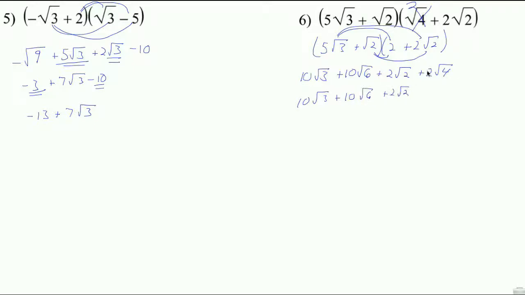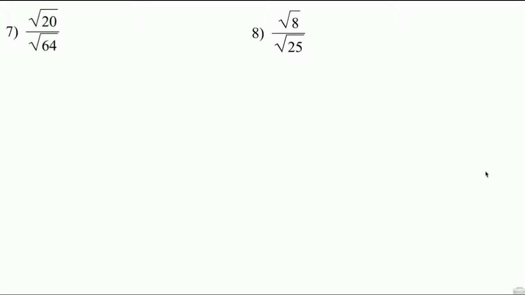And if we think through this, we have a 2, the square root of 4 here, let's just do it in a different color. This we know is 2. So we actually have 2 times 2 is 4. So this final term here is 4. And once again, we have no like radicals. So this 4-termed answer is what we want.